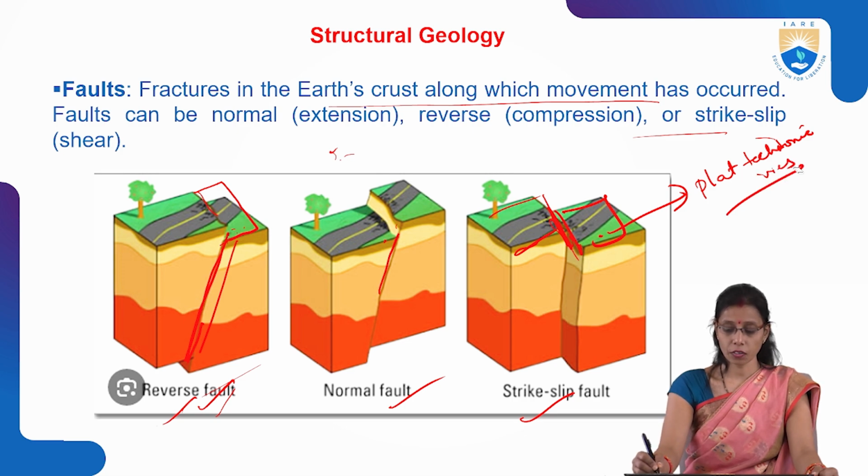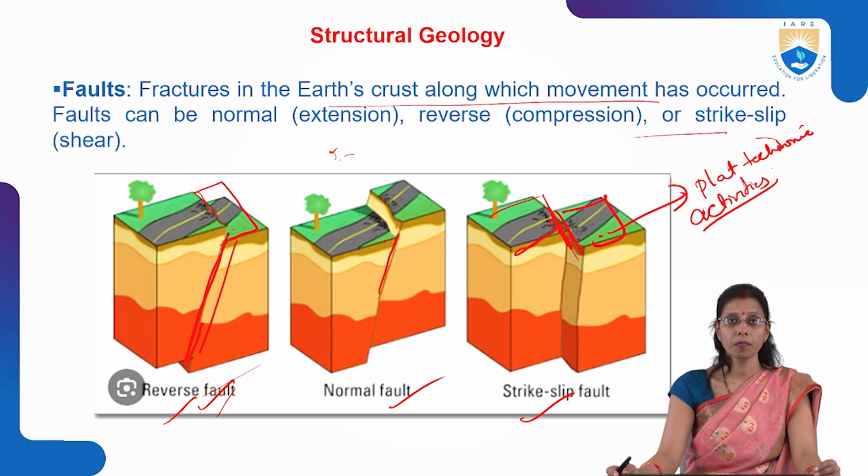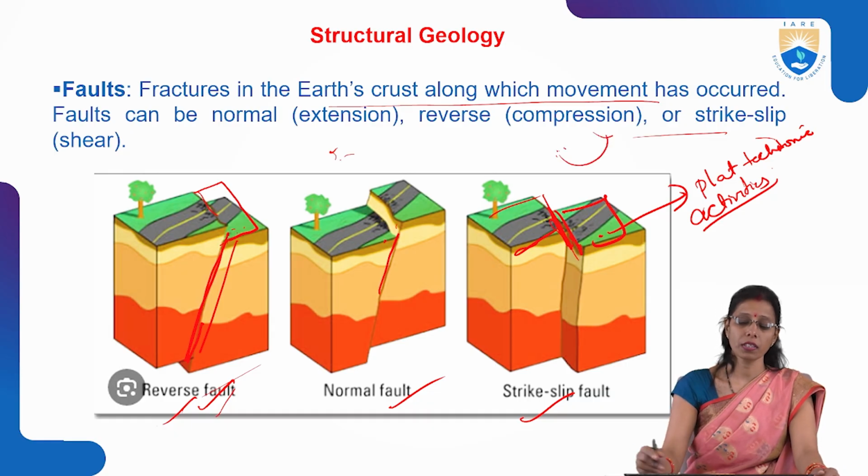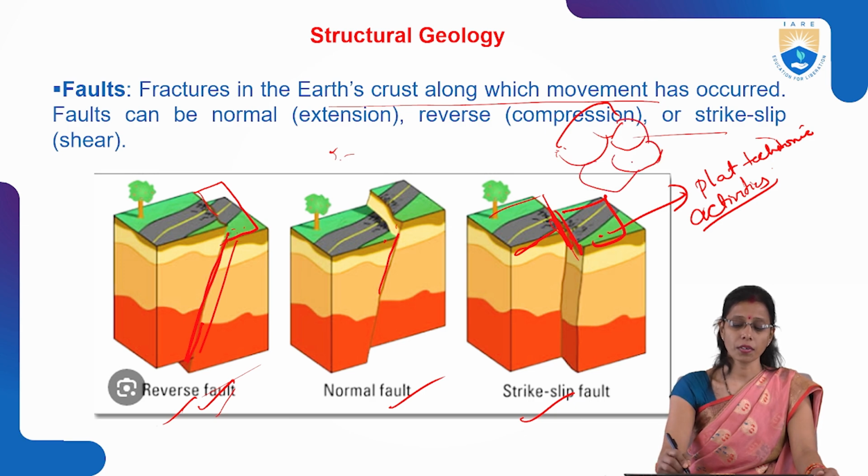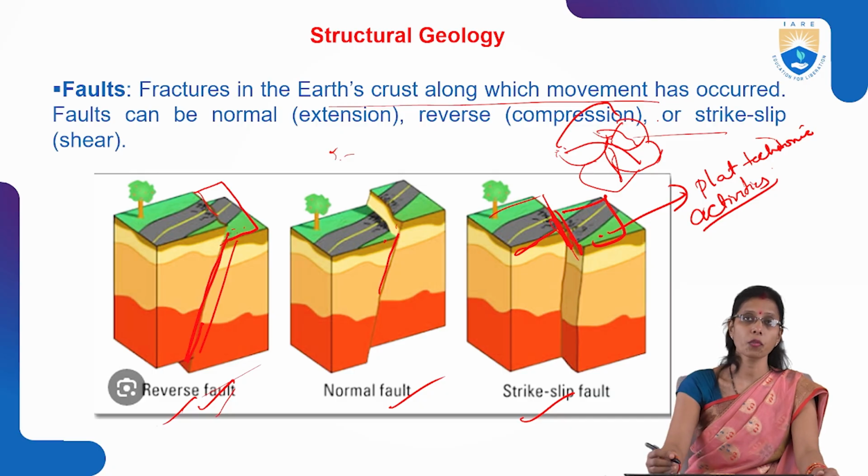activities. Now what do you mean by plate tectonic activities? Plate tectonic activities involve the plate boundaries. As we know, the entire earth is formed by plate boundaries, and they are moving all the time. When one boundary collides with another boundary, the earthquake occurs.